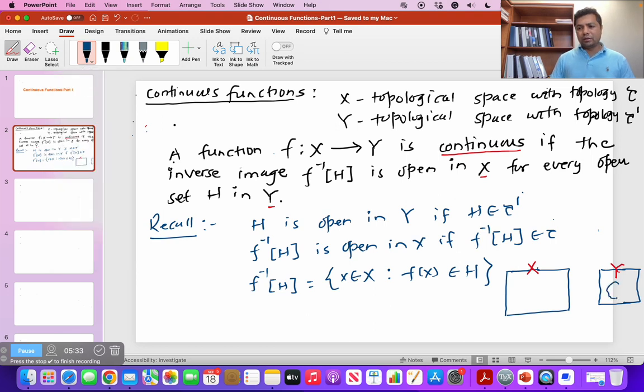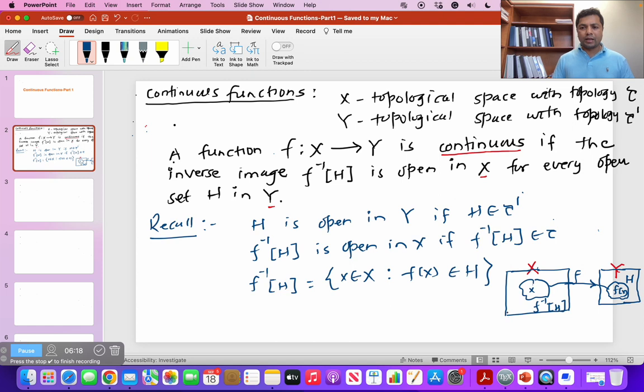Let's say we have a set H in Y. Then the inverse image of H is the subset of X such that the image of this subset under f has to be in H. This is called f inverse H. It's basically the set of those x such that f of x is in H. I'm sure you have seen this definition of inverse image in other lower level math courses.